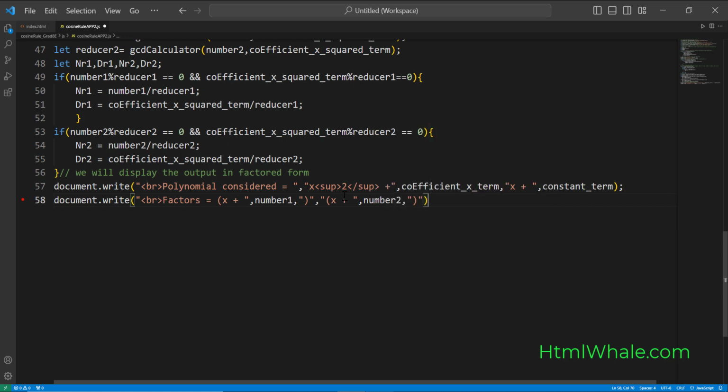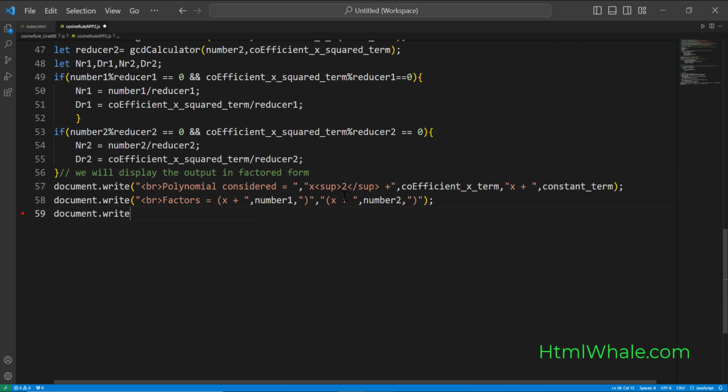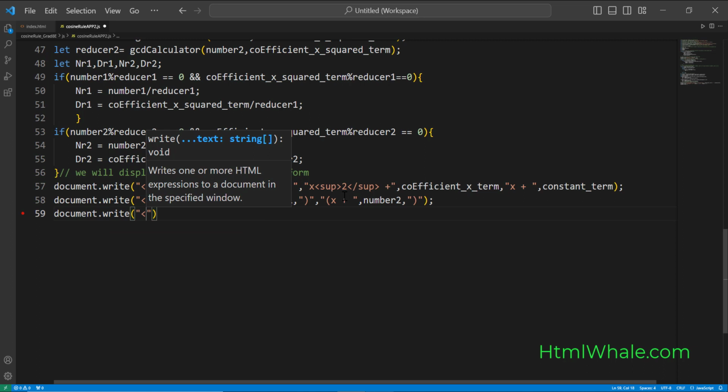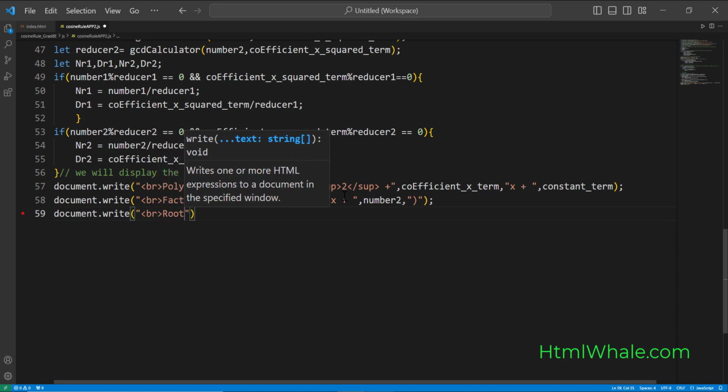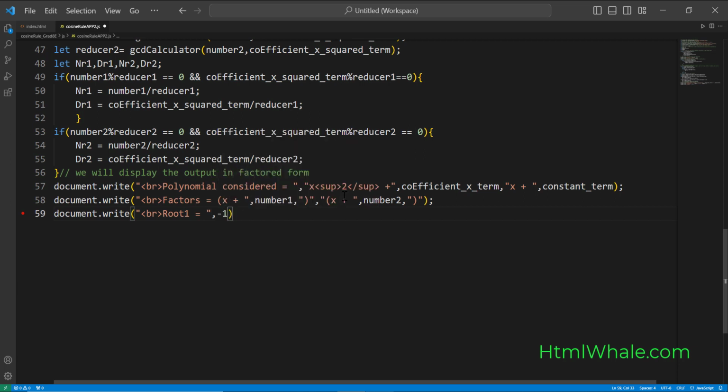So there is no issue in this case also. The issue comes when we display the roots. So document.write root 1 is equal to, I will place a -1 multiplied with number 1. As I mentioned to you, this is to avoid the ambiguity. And this is going to be root 2.